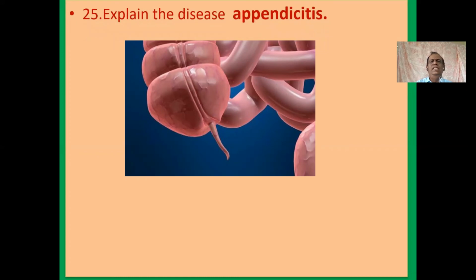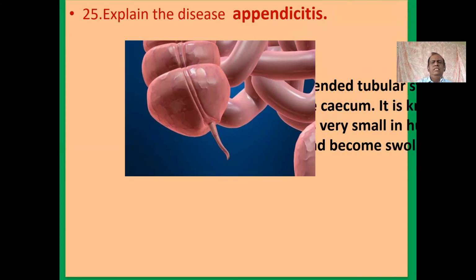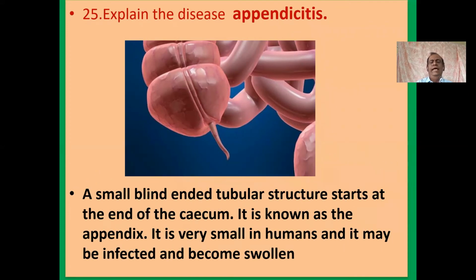Another part, the beginning of the large intestine, is the appendix. So explain the disease appendicitis. What do you mean by appendicitis? A small blind tubular structure starts at the end of the cecum. The starting part of the large intestine is the cecum.